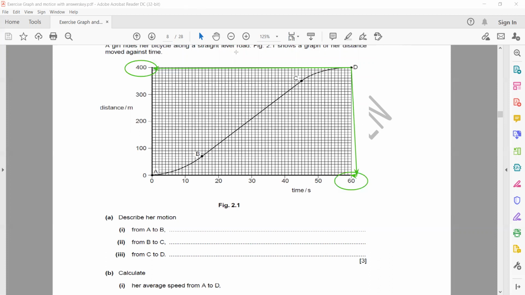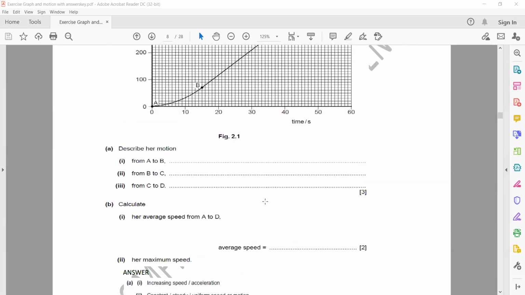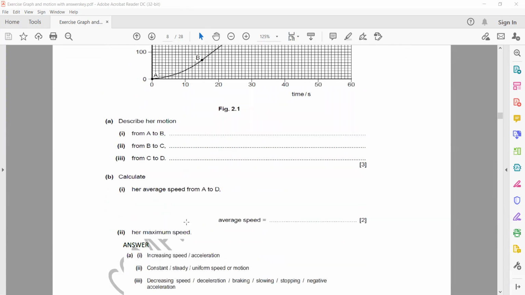So the average speed will come out as 400 divided by 60, the total distance divided by total time, which is about 6.67 meter per second.